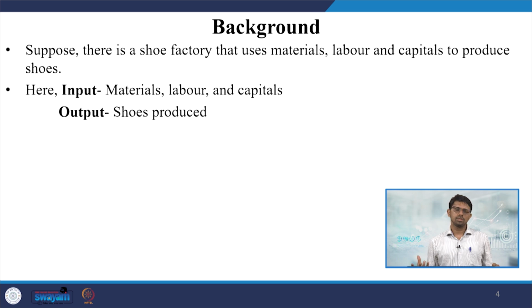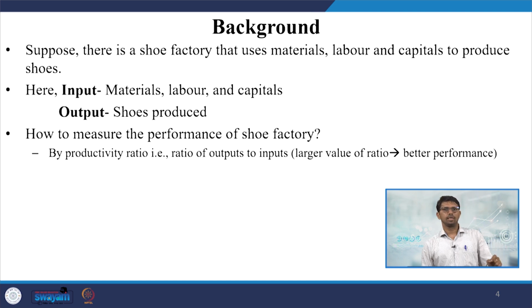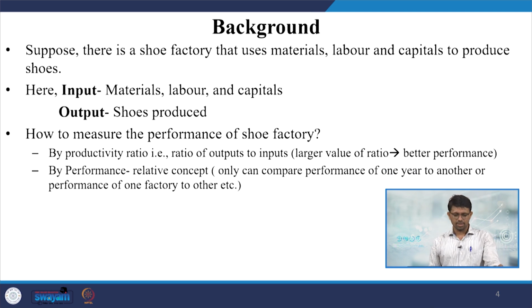Output is shoe production, and the inputs are raw materials, labor and capital, etc. Then how do we measure the performance of the shoe factory? This is done either by productivity ratio or by performance ratio or rate of performance and performance indicators.